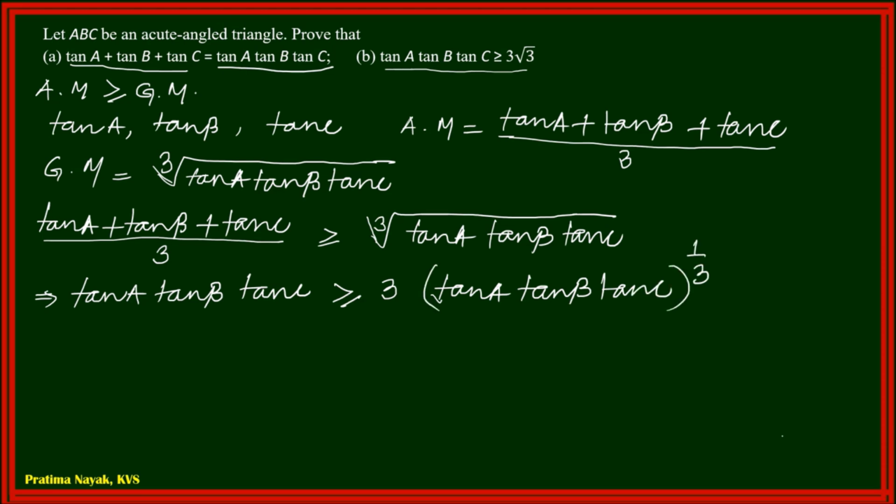Now if I take tan A, tan B, tan C to the left side, I'll get tan A, tan B, tan C to the power 1 minus 1 by 3. The power will be 2 by 3, is greater than or equal to 3.